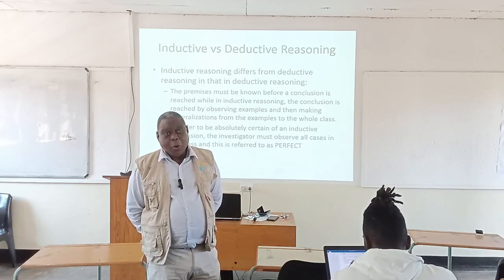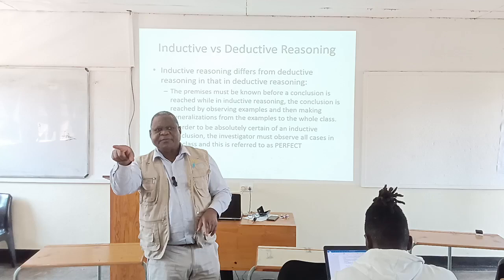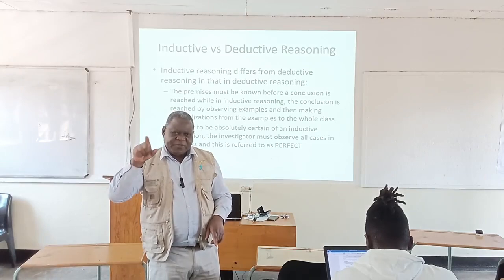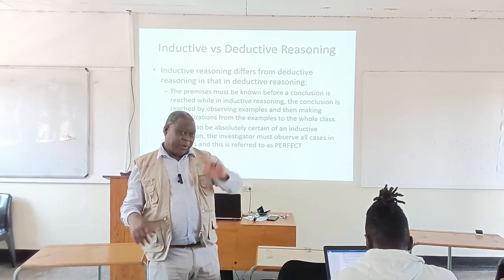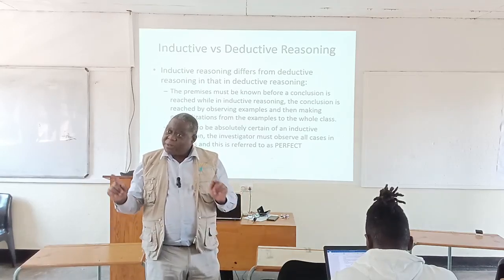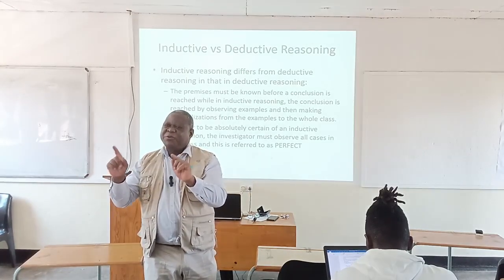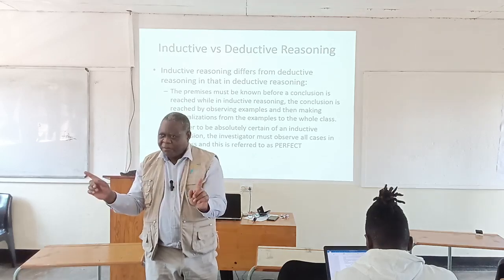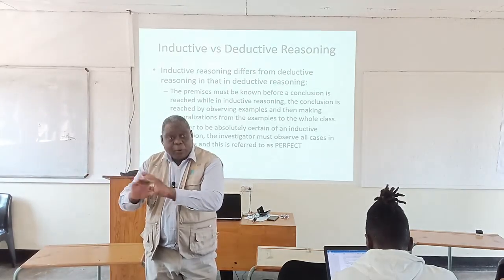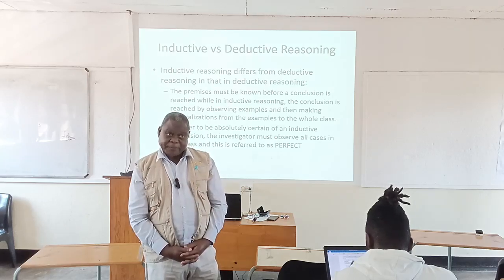Now the question is, what is the source of that knowledge giving you those facts? If those facts are correct, you are going to come up with a correct conclusion. But how do we know that those facts you have started with are correct? Unless you are very sure of where those facts are coming from, and that wherever they are coming from, they are correct facts. Then your conclusion is going to be correct.